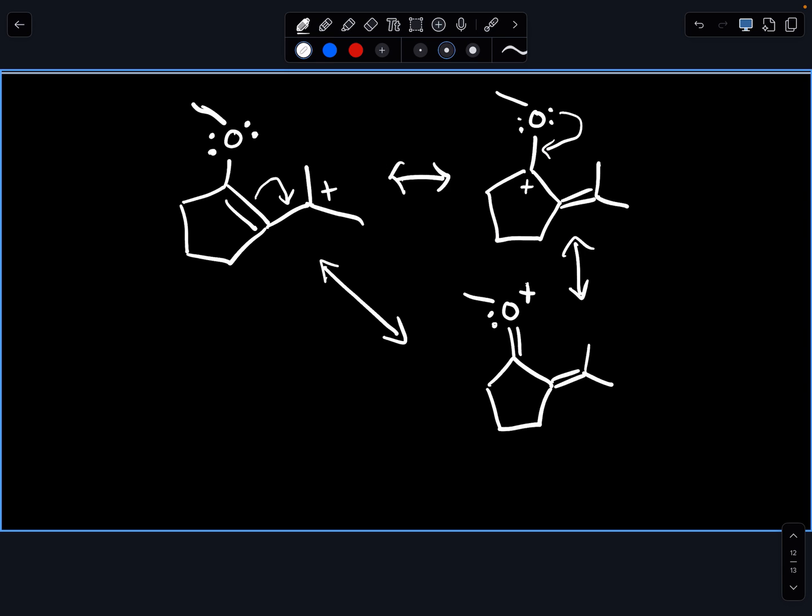Just based on your understanding of chemistry, which of these 3 structures do you think is the biggest contributor? We'll call them A, B, C. I heard A, B, and C. So they all have a little bit of something going for them.